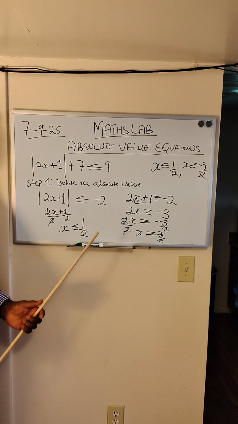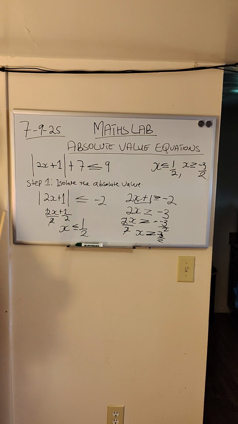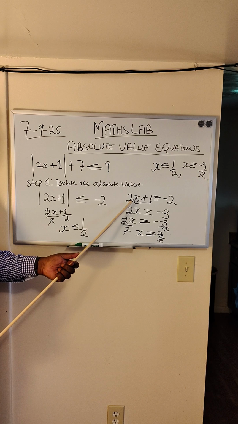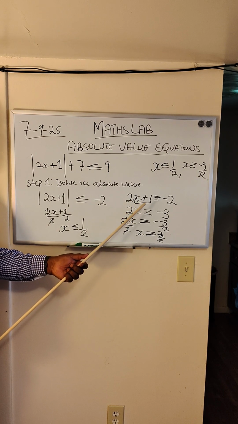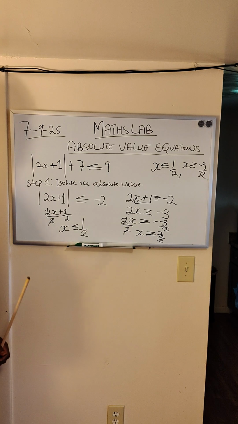And then we had to take care of the second part of the absolute value, which gave us 2x plus 1 is less than or equal to -2.